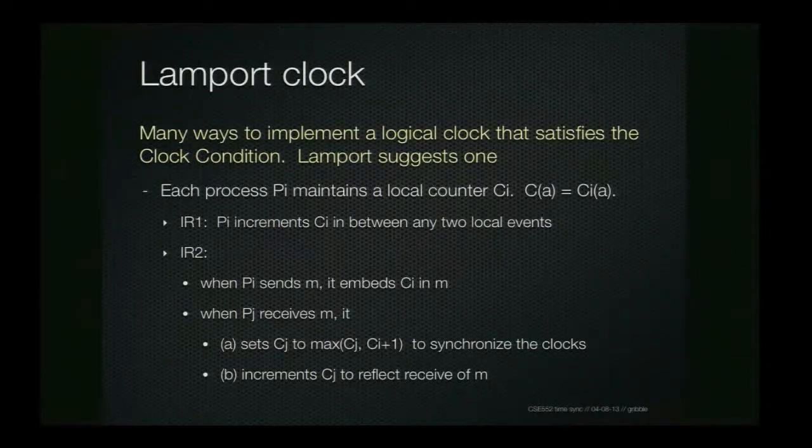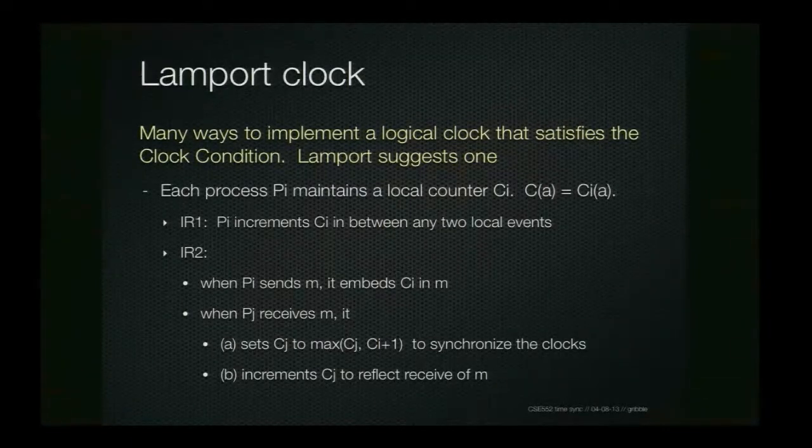The receiver has to advance its clock. The receiver basically has to make sure that the receiver's clock is later than the sender's clock at the send time. So to do that, it has to have some measurement of the sender's clock at the send time, which means the sender has to embed its logical clock in all of its messages. So that embedding of that counter in the message is logical clock synchronization. Right? That's the process that's going on over here.